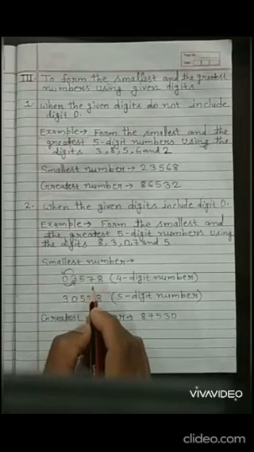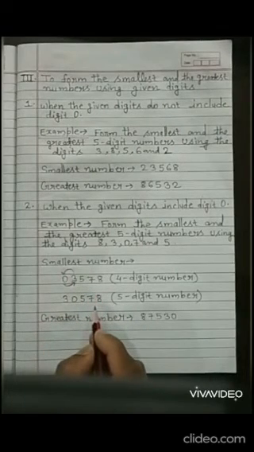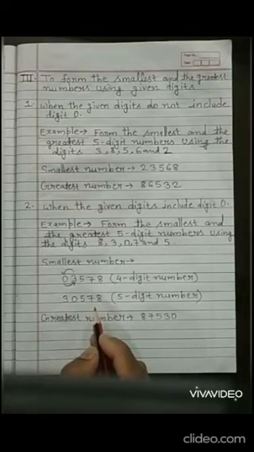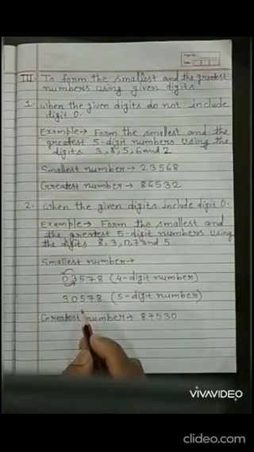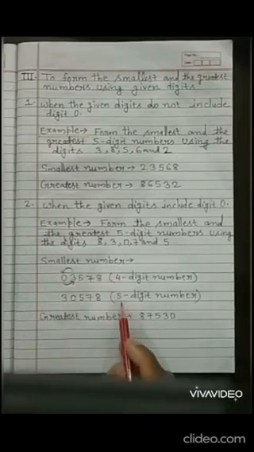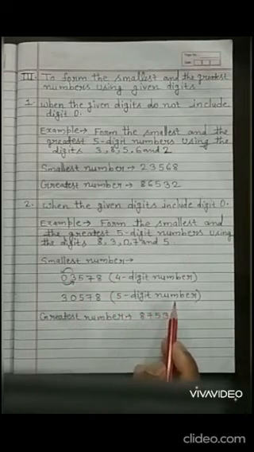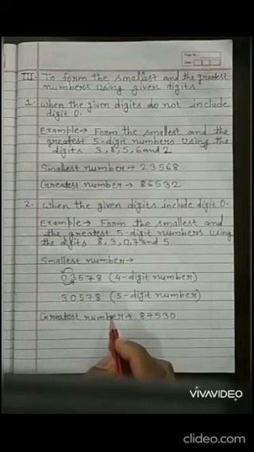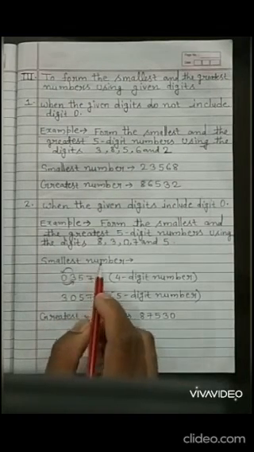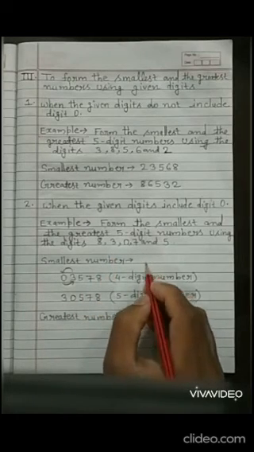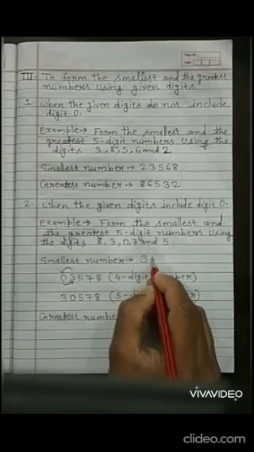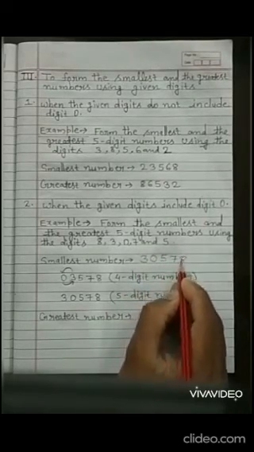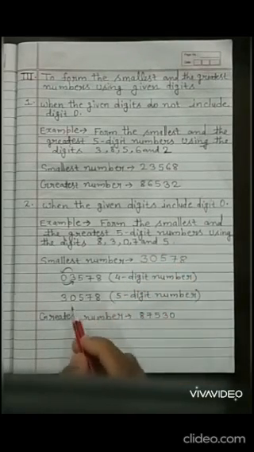In this way we will get this number, that is 30578, and now we have formed the smallest 5-digit number. Understood? So our answer for the smallest 5-digit number is 30578. I have written it here also.